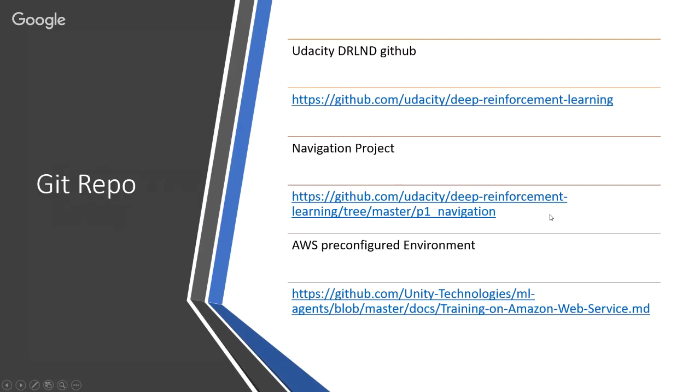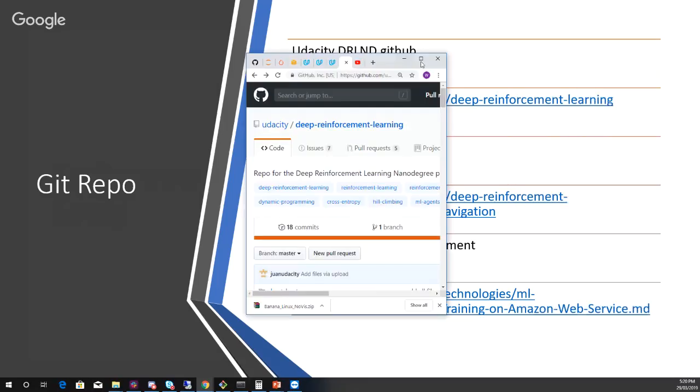The other thing which is really important is some of the Git repos that I would say definitely have a look at. So I'll bring some of these up. All right, here it is.